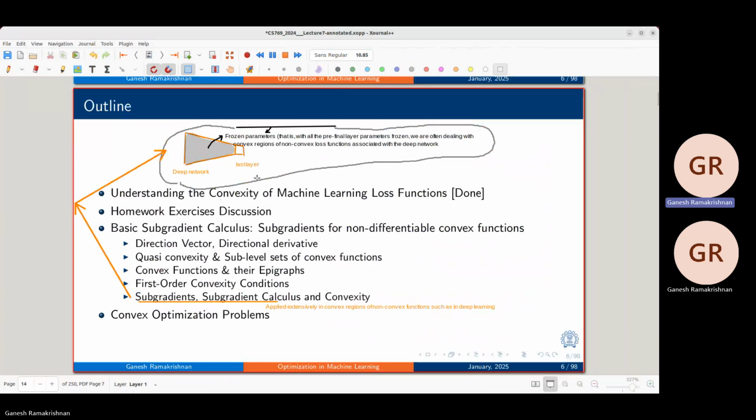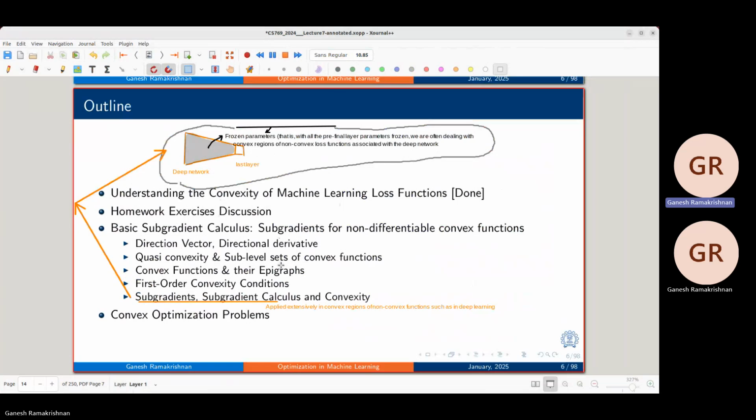So looking at convex regions of loss with respect to a selected subset of these parameters becomes useful because most of the time we're doing differentiation, we are doing descent with respect to a subset of the parameters only. So convexity is quite natural there.